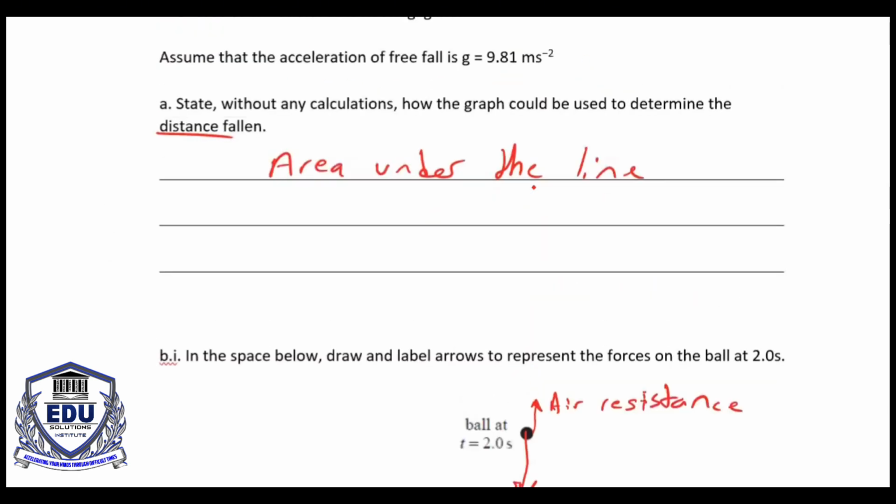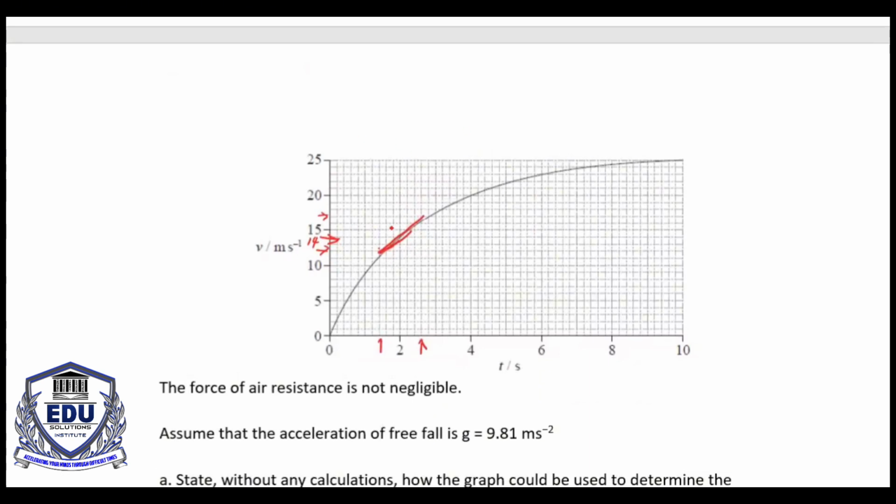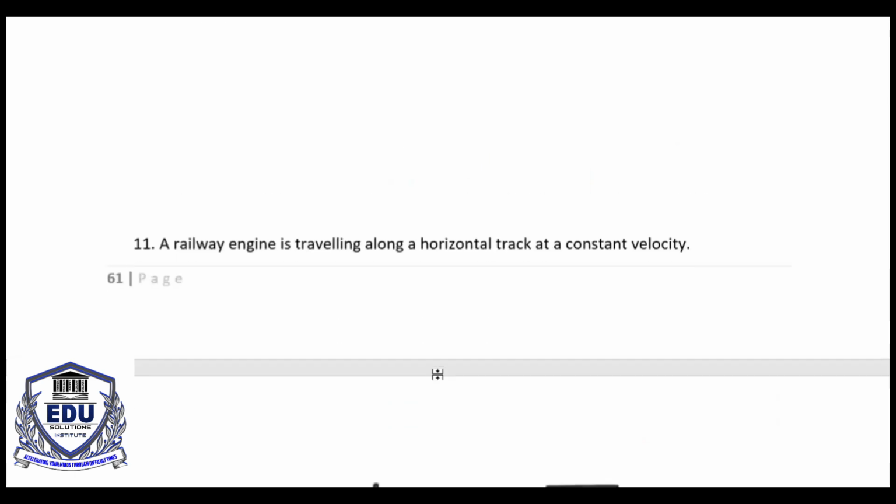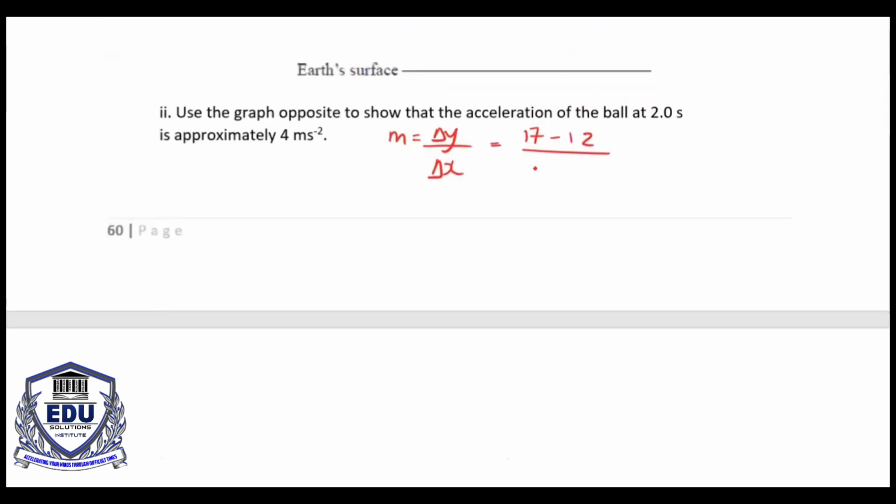The change in x goes from 1.4 to 2.6. So we have 5 divided by 1.2, since 2.6 minus 1.4 is 1.2. That gives us 4.16, which rounded off to one significant figure is 4.